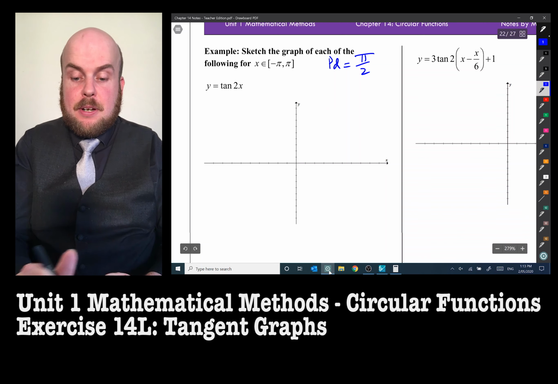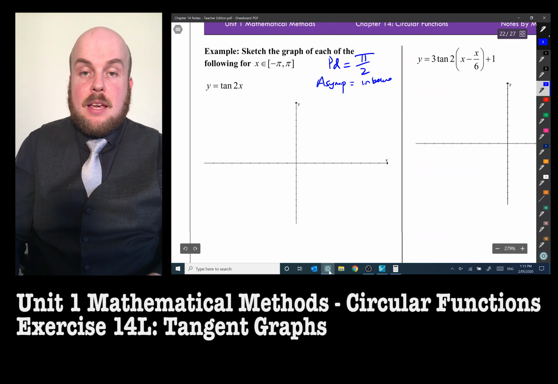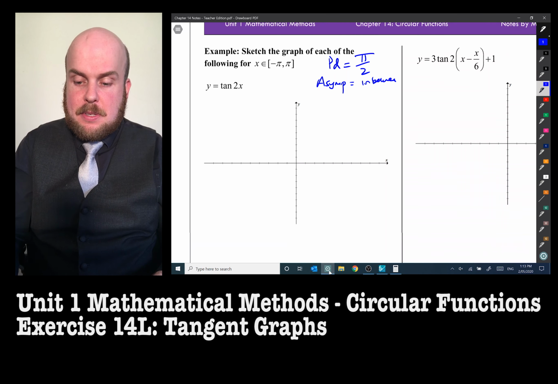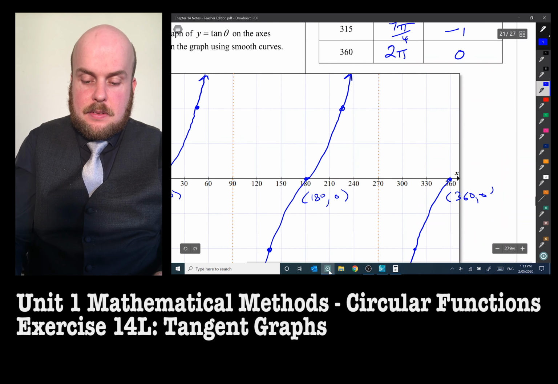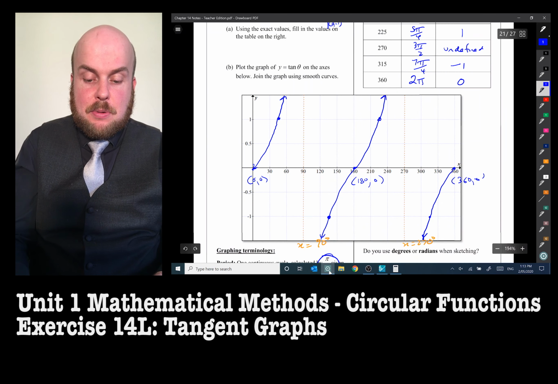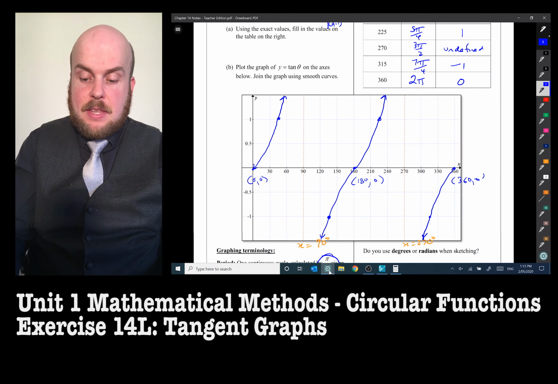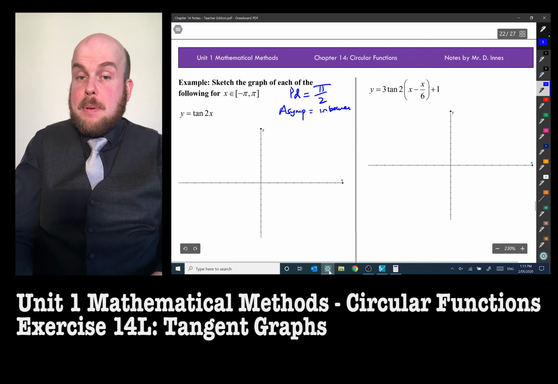Now the asymptotes are in between the x-intercepts. If you notice back in our original graph here, the asymptotes are actually exactly in between each of the x-intercepts, and the x-intercepts are equivalent to multiples of the period.